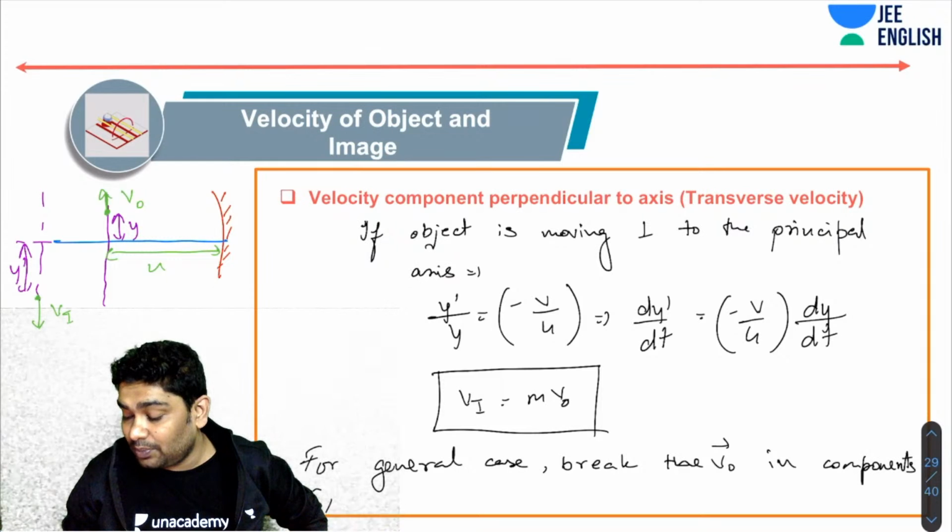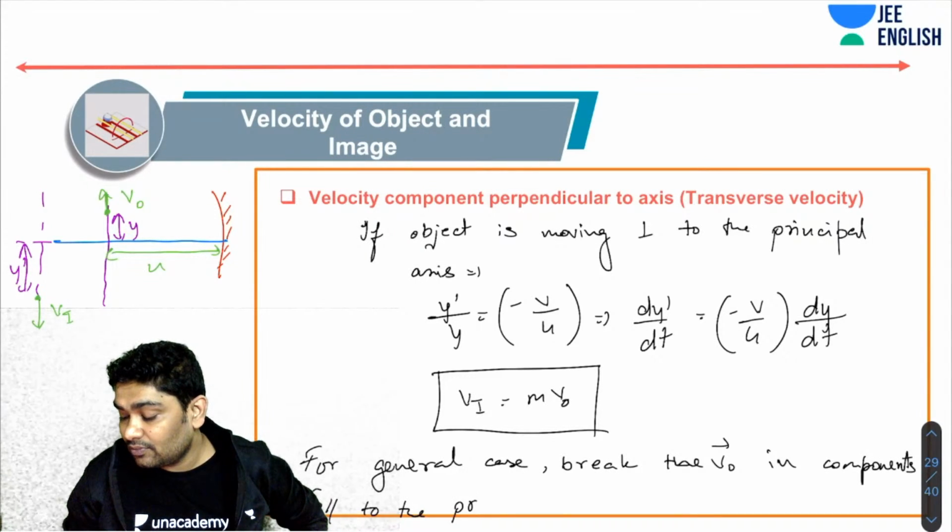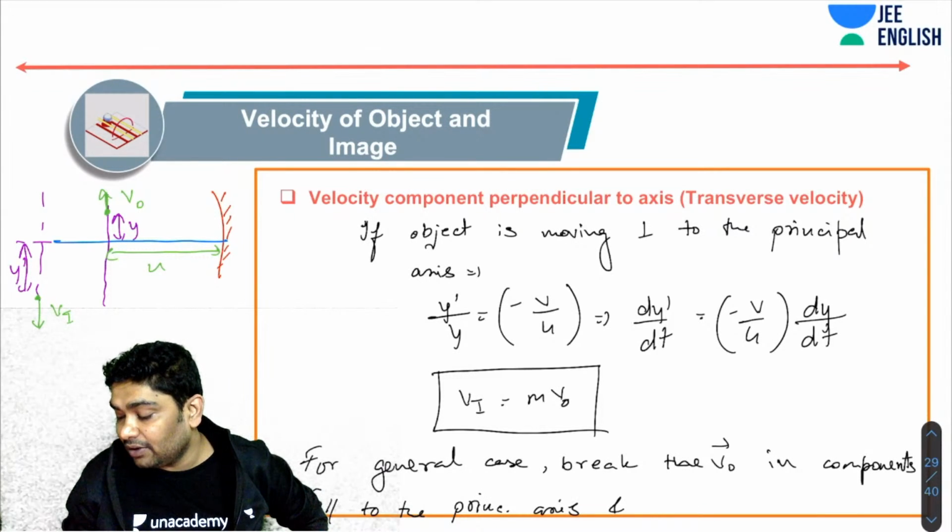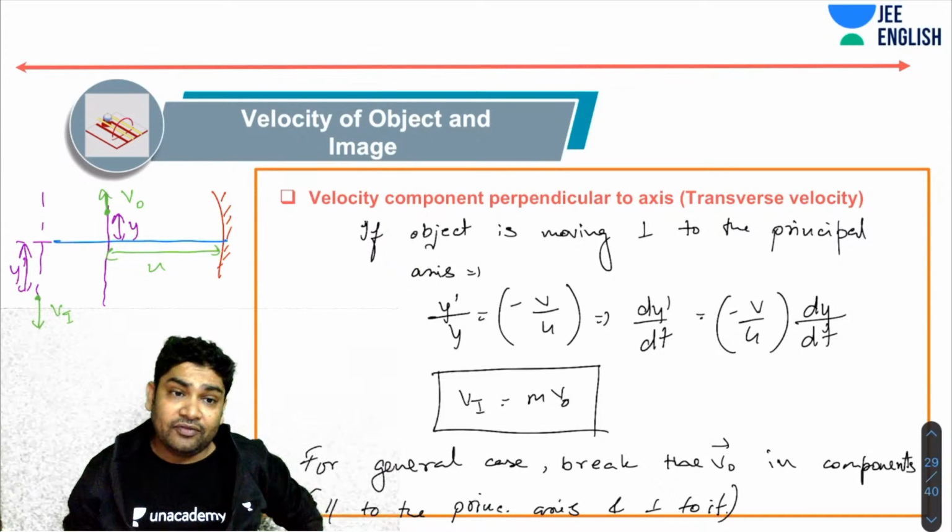Which two components? Parallel to the principal axis and perpendicular to it. And find the corresponding VI component.